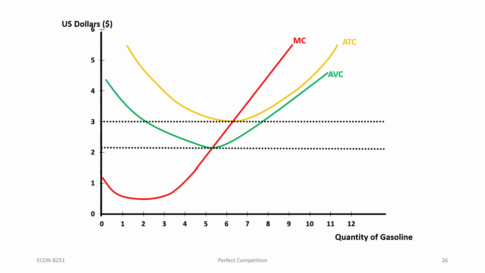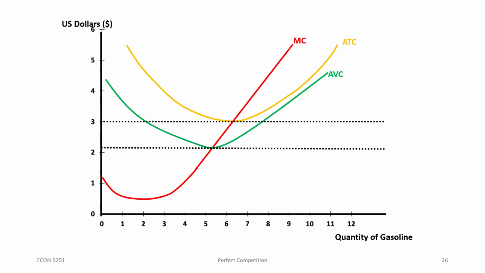If the price ever falls below this point, marginal revenue is hitting marginal cost at a point where price is below my average variable cost. If price is below average variable cost, it's definitely also less than my average total cost, right?